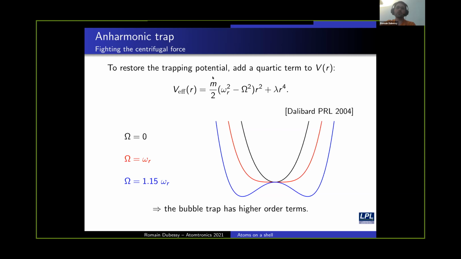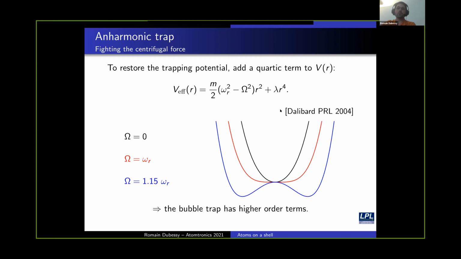So for example, in the rotating frame, the two-dimensional harmonic oscillator potential will read like this. And when the rotation frequency is equal to the trap frequency, you cancel this harmonic trapping term, and you lose the atoms, basically, because there is no trap anymore.